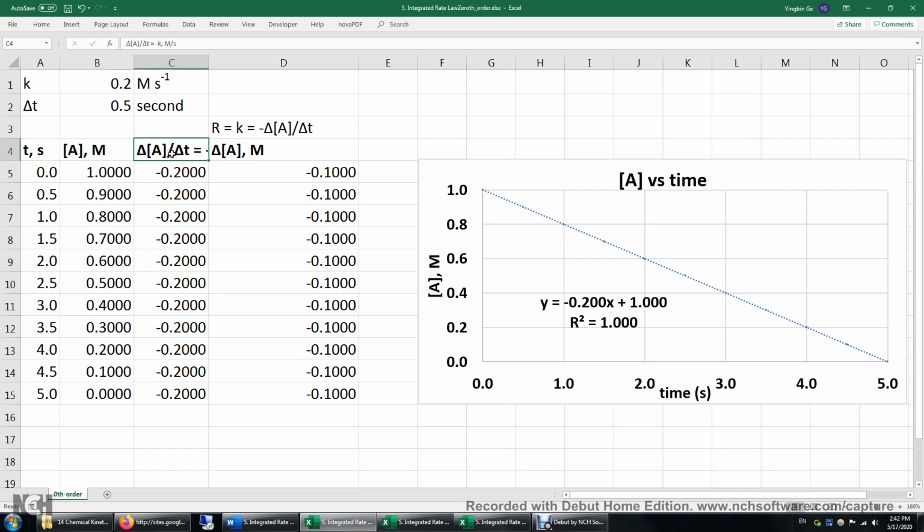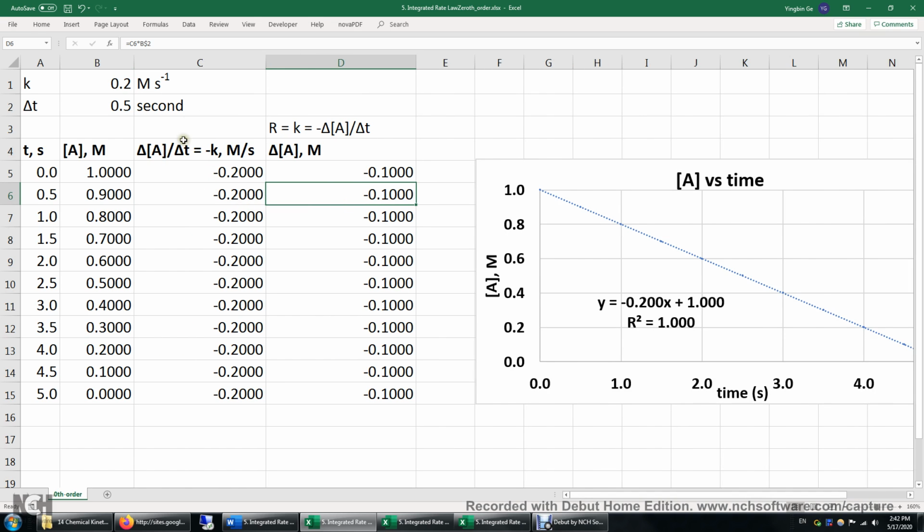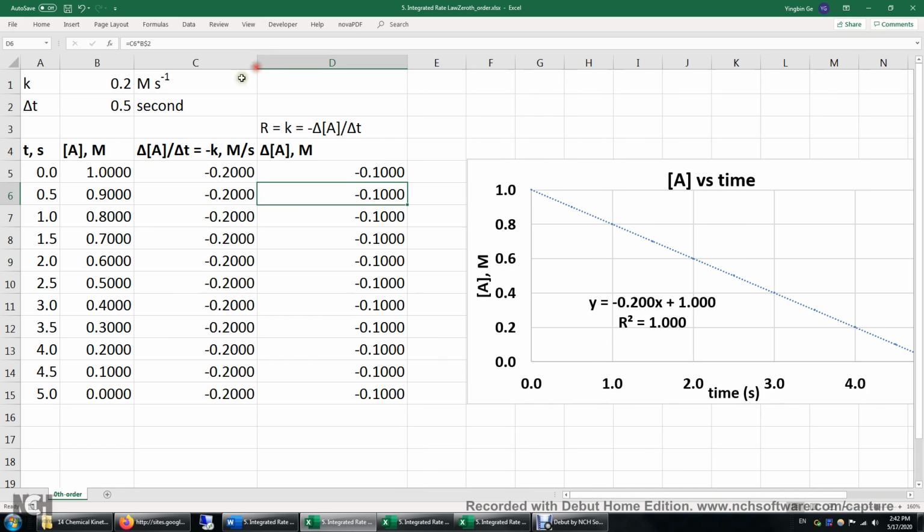And then I will have a column as the change of A per unit time over here. And remember, this part is actually negative R, negative reaction rate.